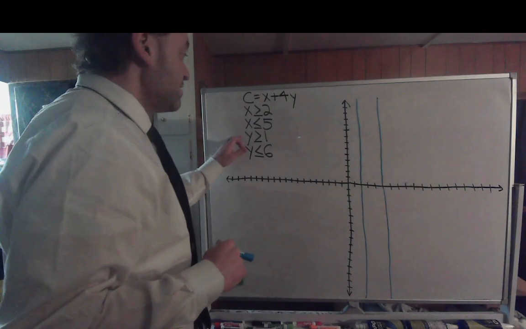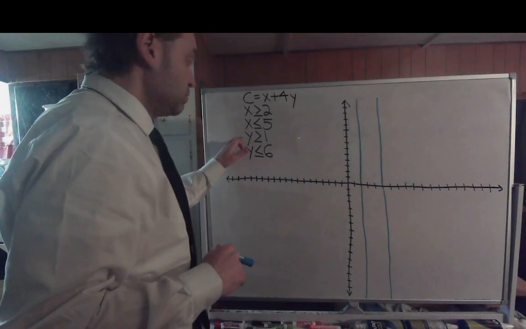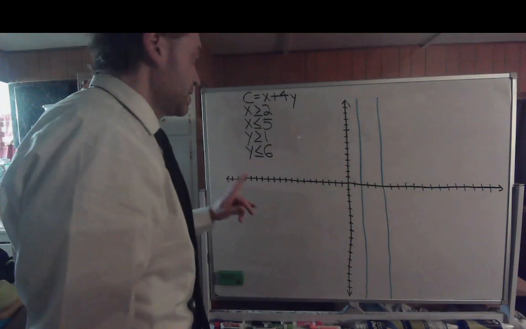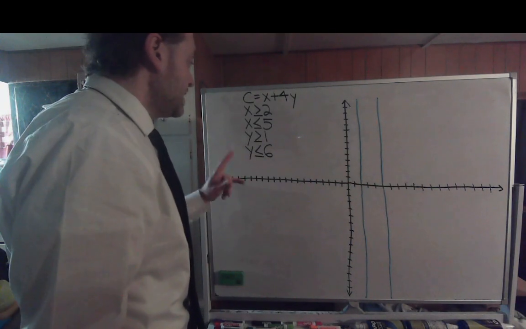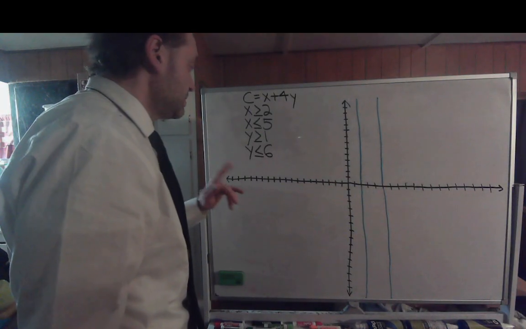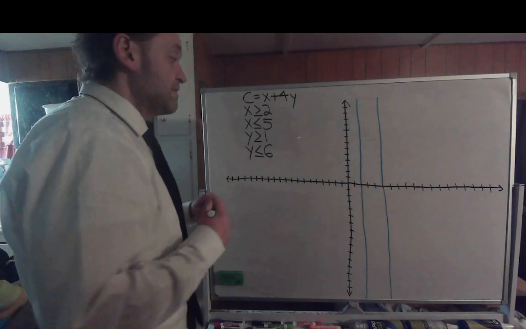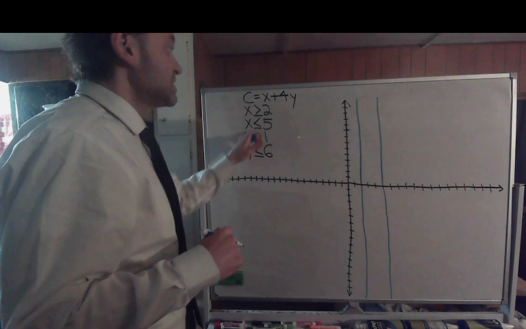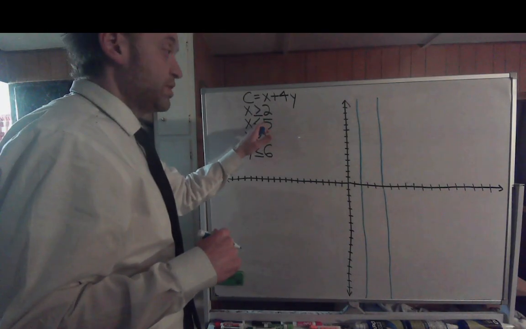Now, we have y is greater than or equal to 1. Well, we've already defined our x areas, right? Y is greater than or equal to 1. So we're going to draw a line through y equals 1, but we're only going to focus on the portion where x is greater than or equal to 2 and less than or equal to 5.